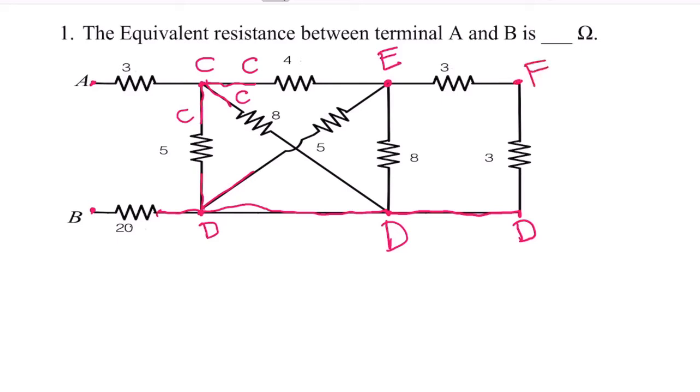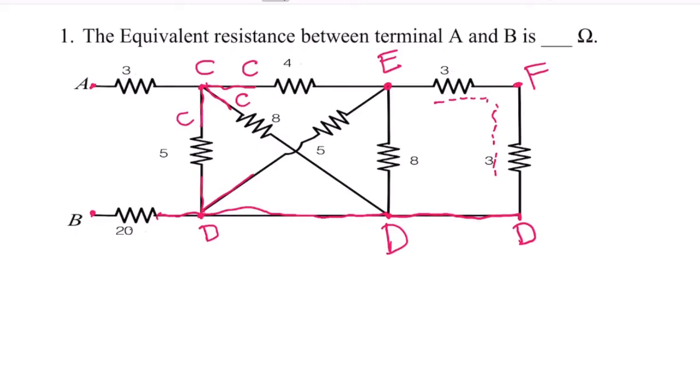Now, if you look, if I am assuming a current is passing between these three and these three, those three are connected in series, because the same current is flowing through 3 and 3. So obviously these two are connected in series.